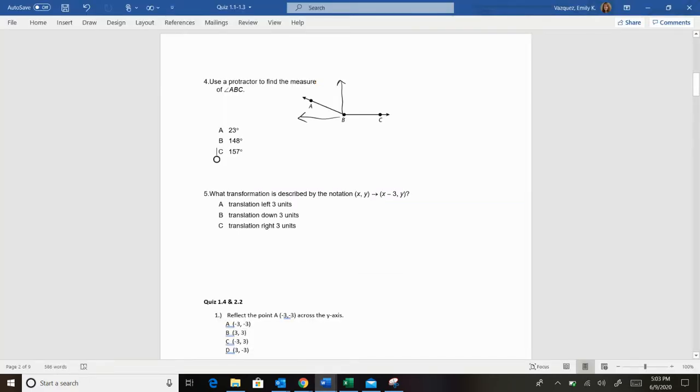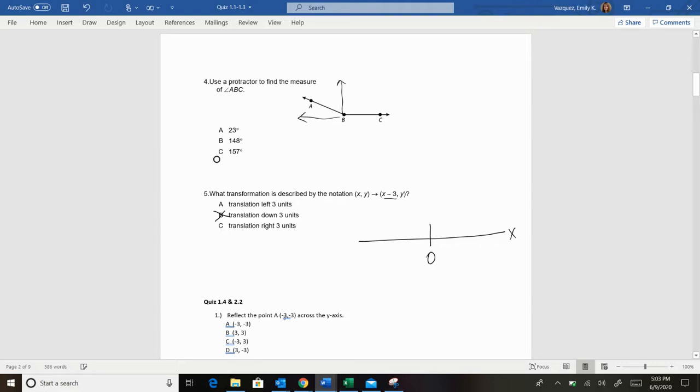All right. Number 5, what transformation is described by the notation? In this particular case, your x is -3. If I think of my x-axis going left and right, I know that it has to be left and right. So right off the bat, it can't be up or down. And because it's negative, which way are the negatives?